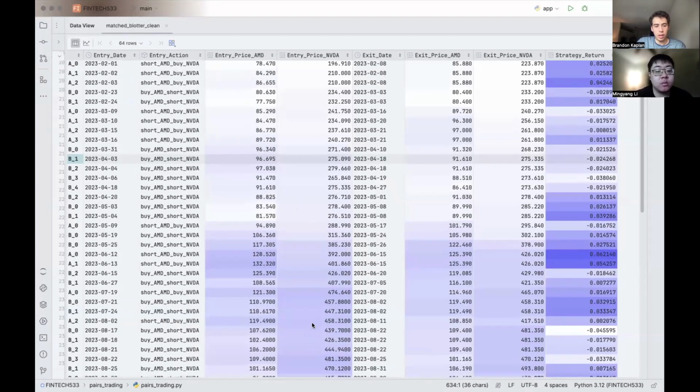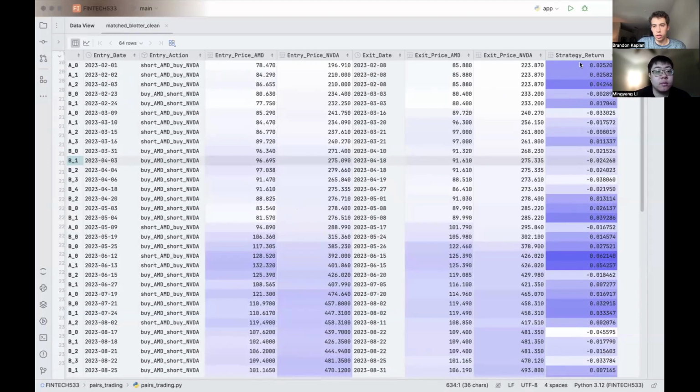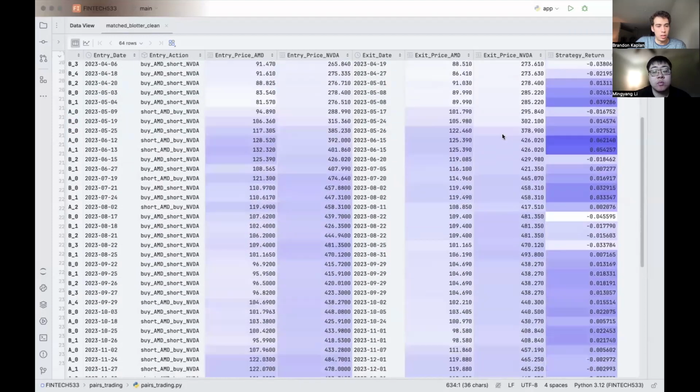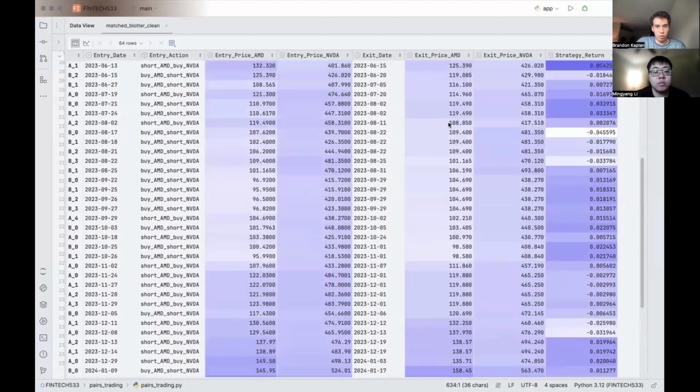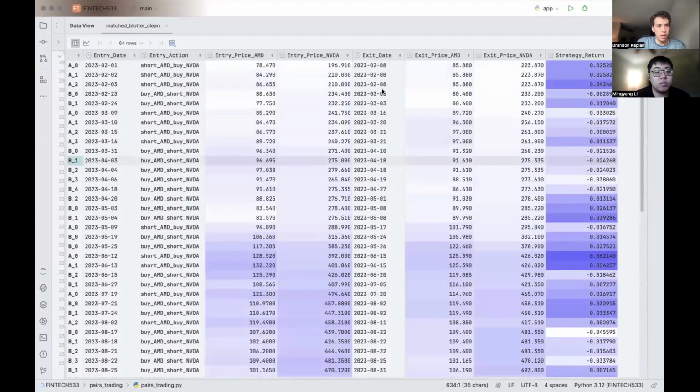And we have the exit date, the exit price for both of them, and the overall strategy return, which is just the log return. We calculated log returns for the stationary properties of the log in computing the geometric mean, which we'll talk about in the next slide. So this is just all the round trip trades, and there were 64 of them. So we have 64 rows here. All right, now I'll try to go back without messing up.